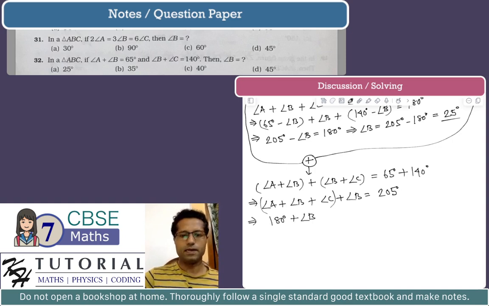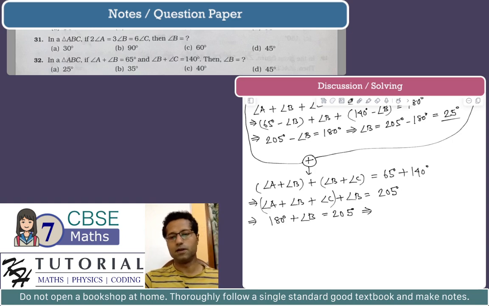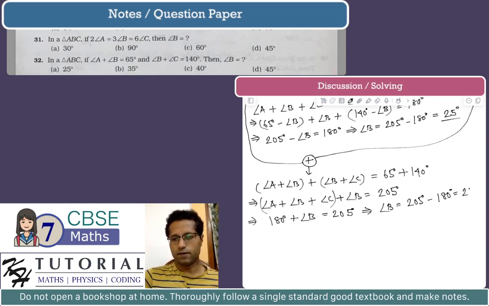So we have 180 degree plus angle B is equal to 205 degree. So possibly this method was a little fast, I don't know, maybe it's same. It does not matter, you can follow any approach you like, whichever is convenient and easier for you. So this implies angle B is equal to 205 degree minus 180 degree, which is equal to 25 degree. Okay.